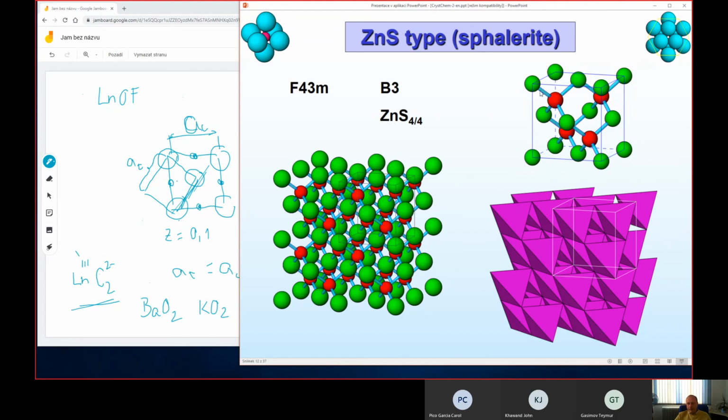So if you consider the oxygen atom here, here, here, and here, you would have a doubled number of oxygen atoms, and the resulting stoichiometry would be SiO2. But it is a high temperature form of silicon dioxide.